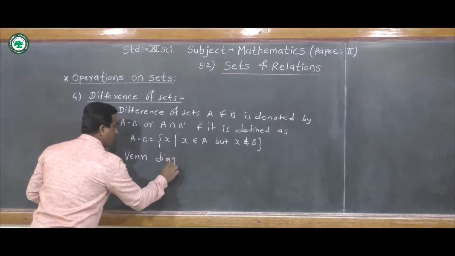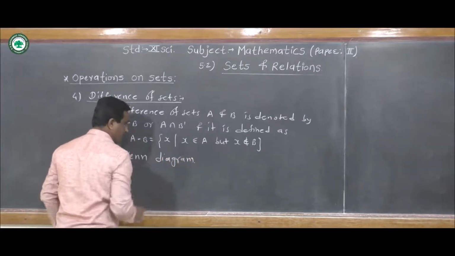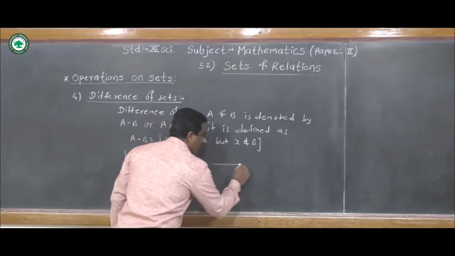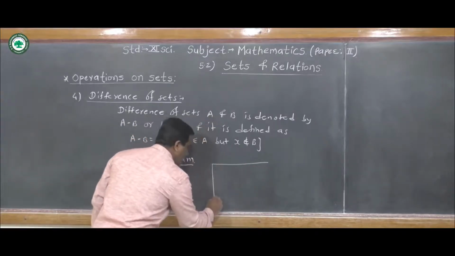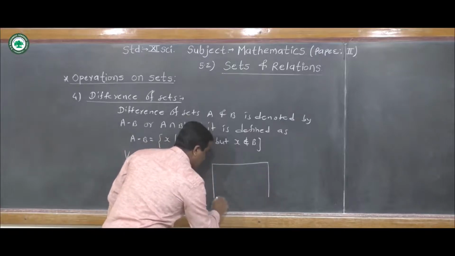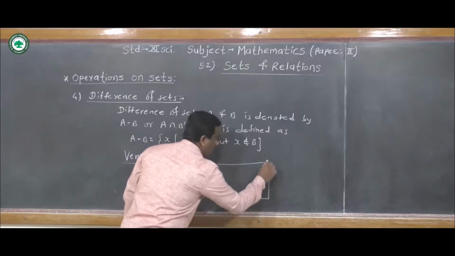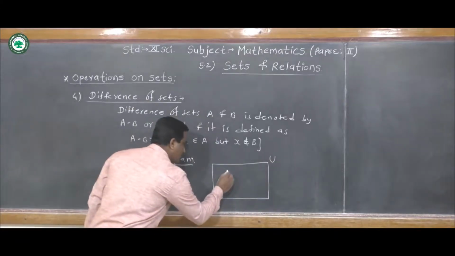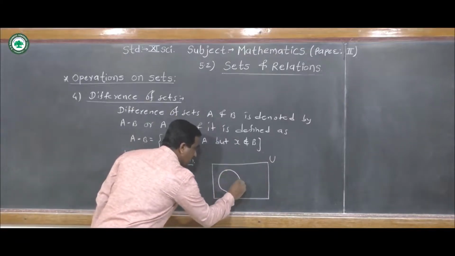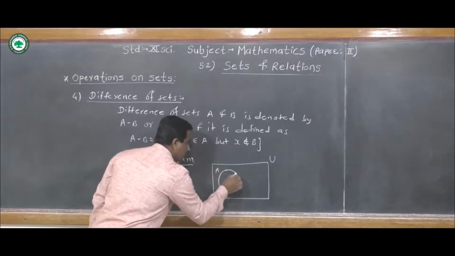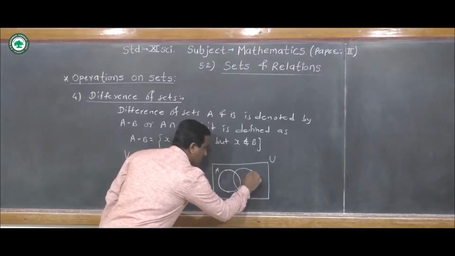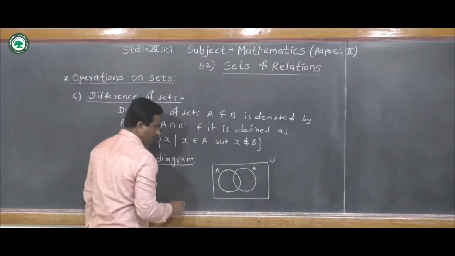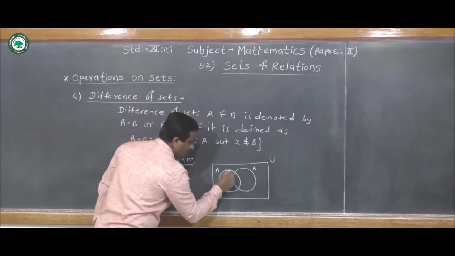Venn diagram. Now this is the universal set U. Now consider any two sets, set A and set B. This is the set A and this is the set B. Now A minus B is represented by the shaded portion, this portion.